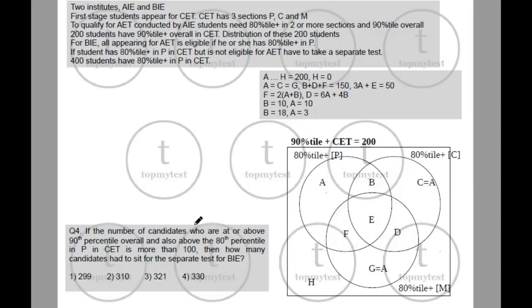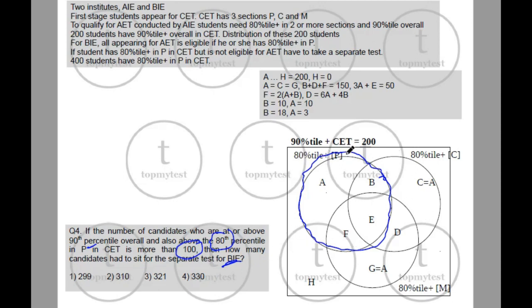And the last one: if the number of candidates who are at or above 90 percentile and also above 80 percentile in P is more than 100. So this number has to be more than 100. How many candidates will sit for a separate test for BIE?